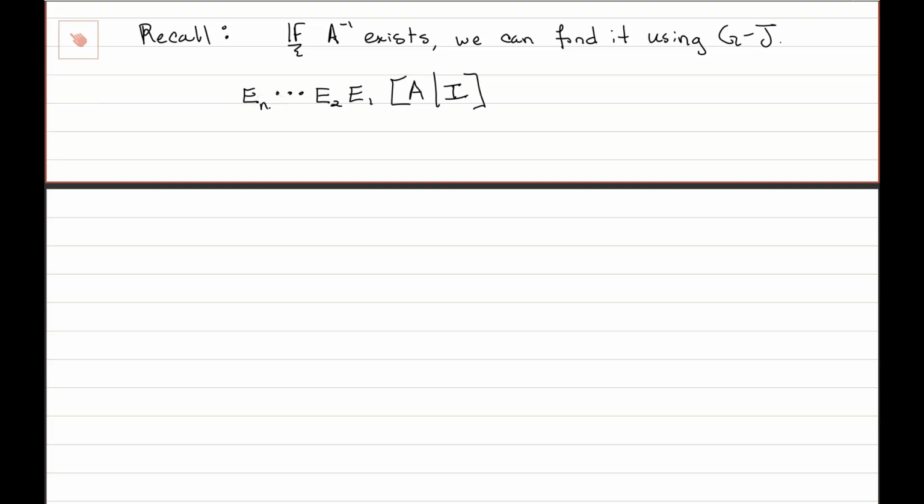And once we have finished all of those row operations, what we end up with, assuming that A inverse exists, is the identity matrix on the left-hand side and A inverse on the right-hand side.